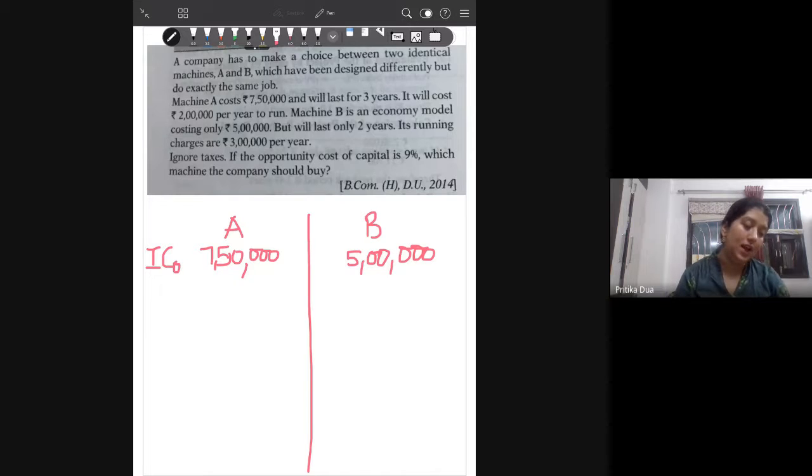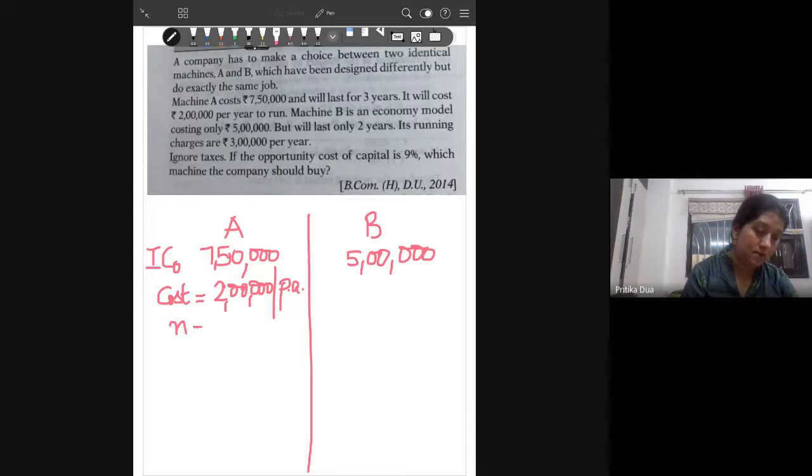So machine B is basically an economy model of the same working as machine A. Now machine A would also cost 2 lakh per year to run, so the additional annual cost is 2 lakh per annum, and the life is 3 years.